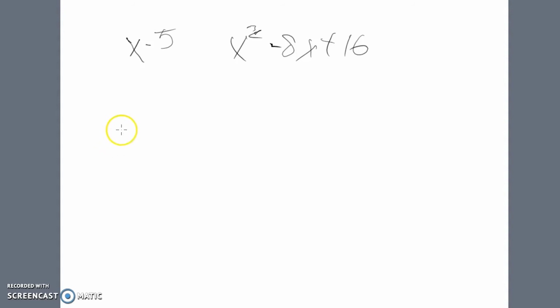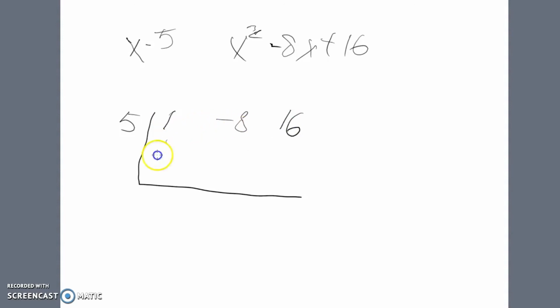We will now discuss the solution. Place 5 outside the synthetic division bar and the coefficients of the polynomial inside. So that will be 1, negative 8, and 16. Drop the first one down and multiply it to 5 and place the answer over here.